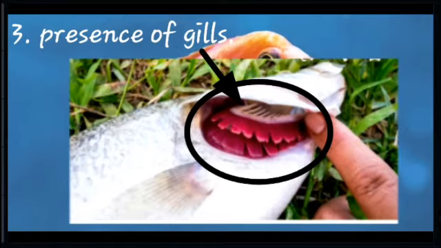So these gills help them to exchange gas in the water, that means to take oxygen and to give out carbon dioxide. Fish cannot take oxygen directly from the air. They die when taken out of water. They take only dissolved oxygen from water, and these gills help them to exchange the gas.